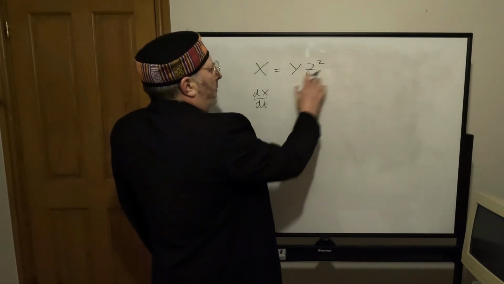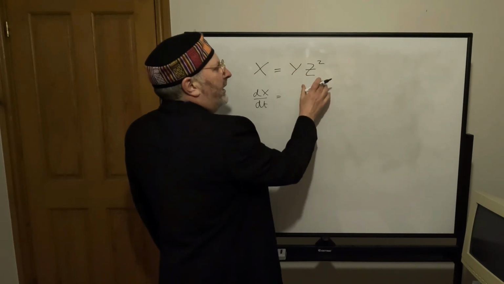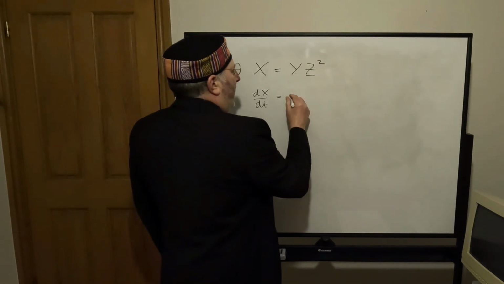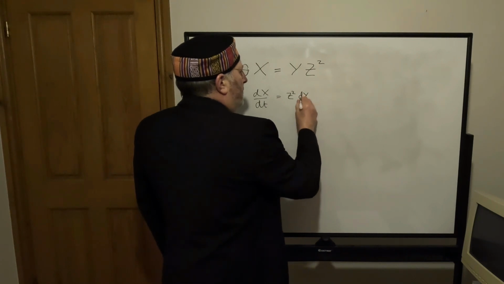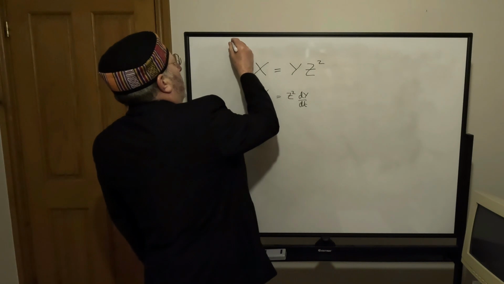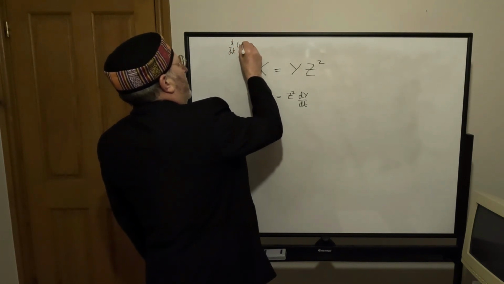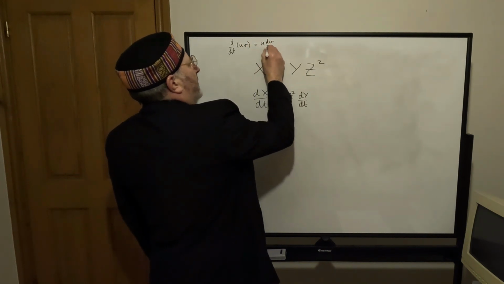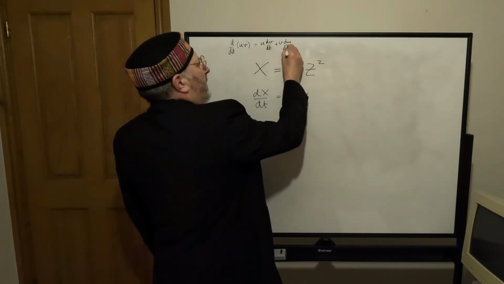Well, to work that out, we're going to have to use firstly our product rule, which means that we'll have z squared times dy by dt. If you remember, perhaps I should write it up, d by dt, let's say, of uv is going to be equal to u dv by dt plus v du by dt.